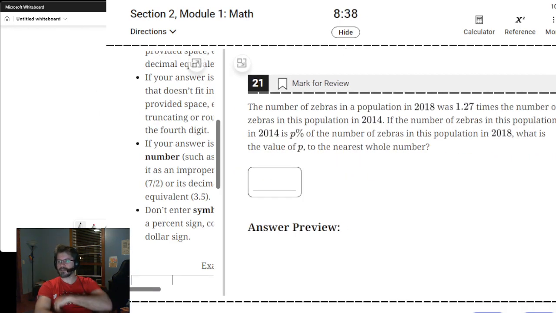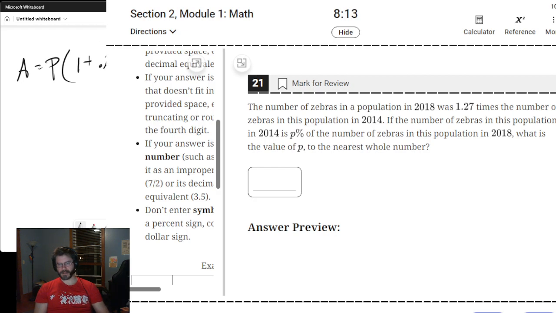Okay, we got a population, 1.27 times. So it's 4 years and a growth factor. So that's basically giving us an exponential growth formula. A equals P, we don't know the original population, times 1 plus 0.27.